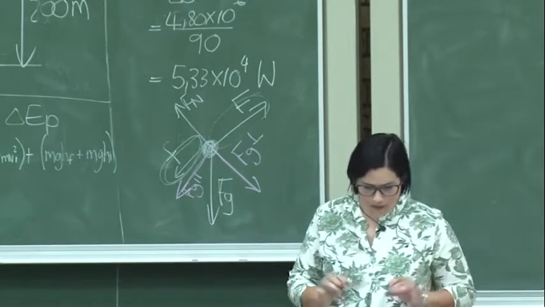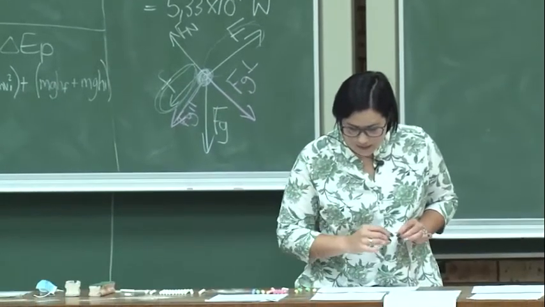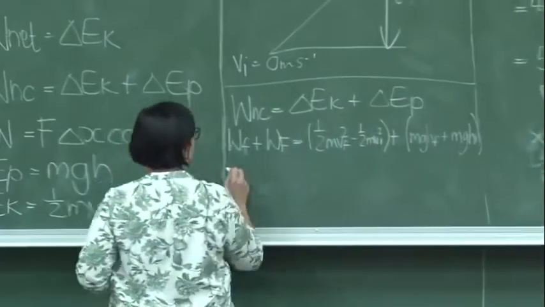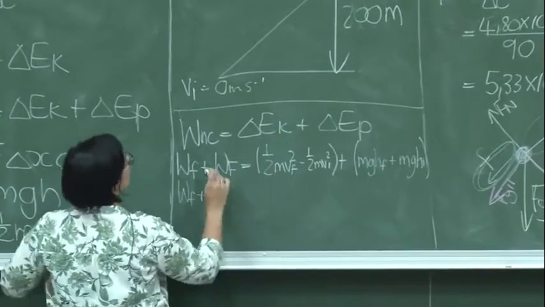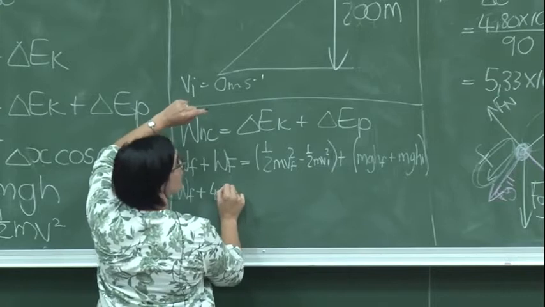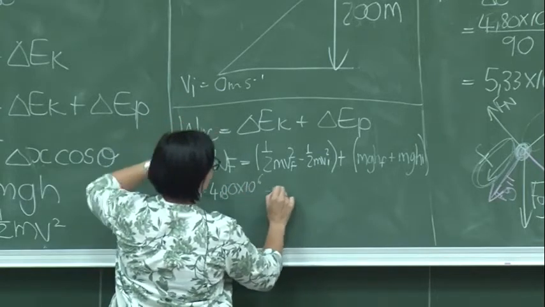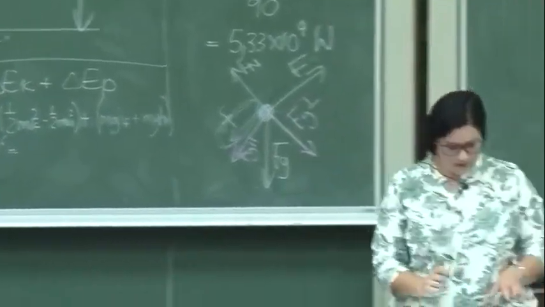So, what am I calculating? I am calculating the work done by the frictional force. Do I have the work done by the force? Yes. Plus 4,80 times 10 to the power of 6 is equal to, and you're substituting.